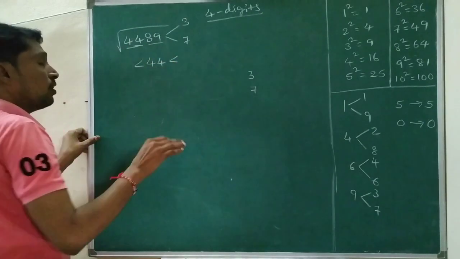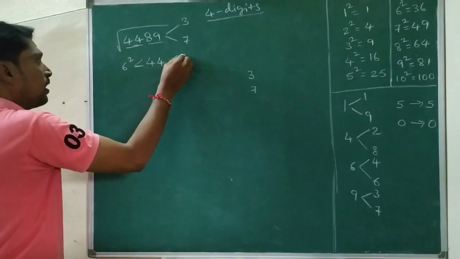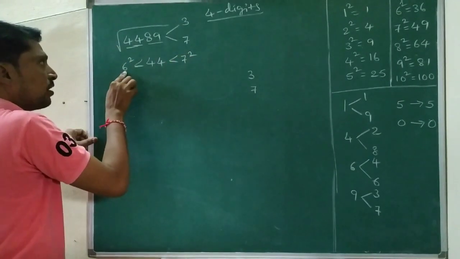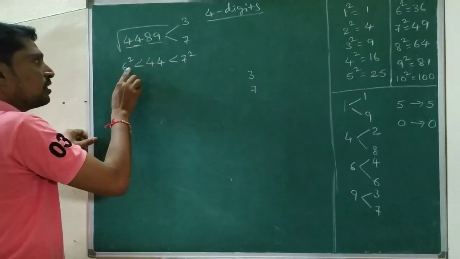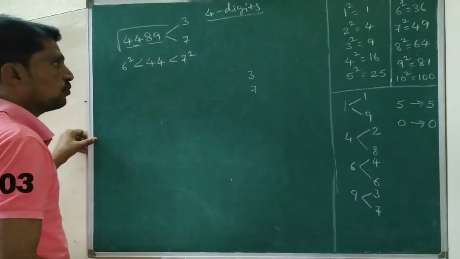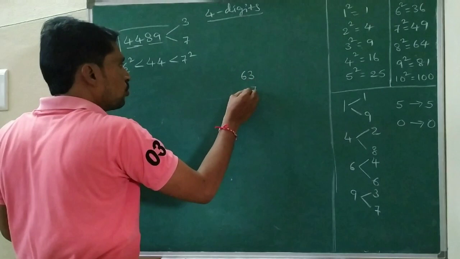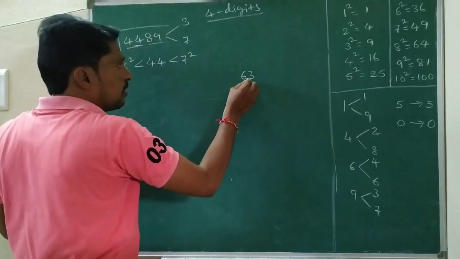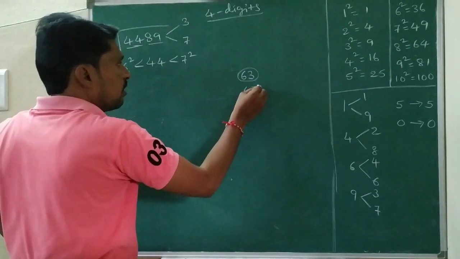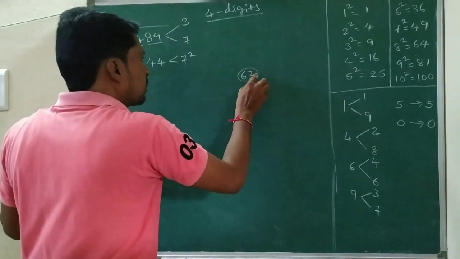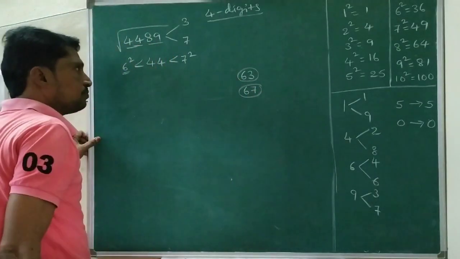Which squares does 44 lie between? That is 6 square and 7 square. 6 square is 36, 7 square is 49. 44 lies between 36 and 49, so we take the smaller number, 6. So we get two possibilities, 63 and 69, and the root value is one of these.